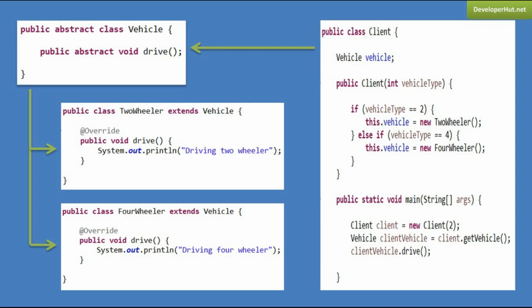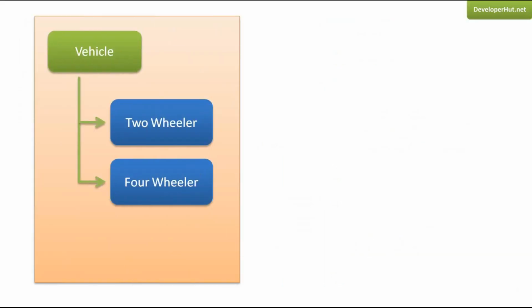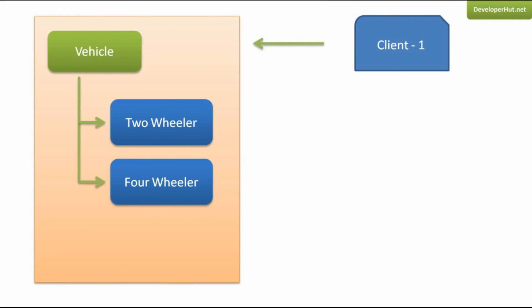So now let's see what kind of drawback this kind of approach has. As we see, we have a vehicle which is of two different types, the two-wheeler and four-wheeler, and there is one client who is holding the logic of creating the vehicle and using it, right? Now let's say this vehicle is your separate application, and this application is very famous and your client is using it.